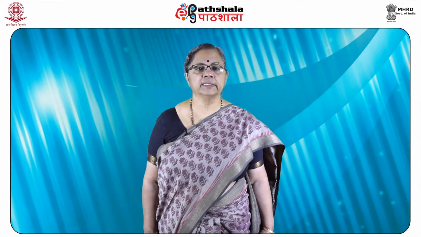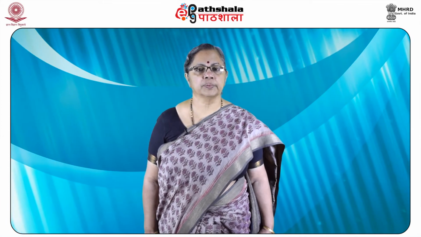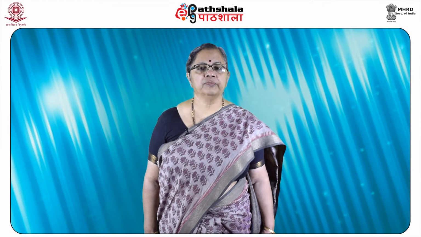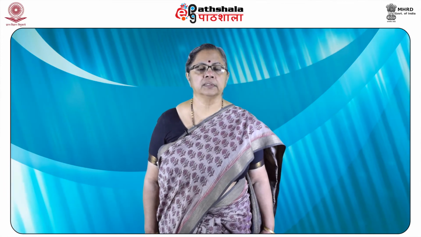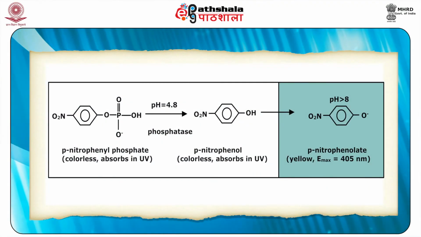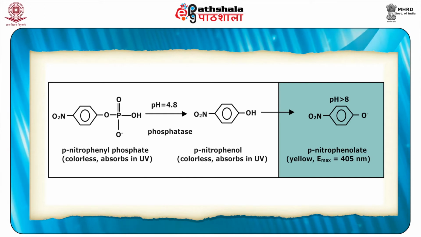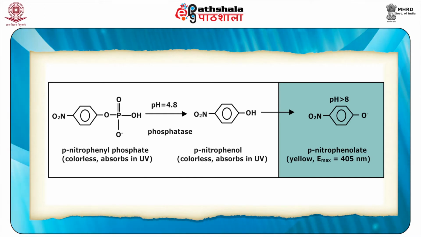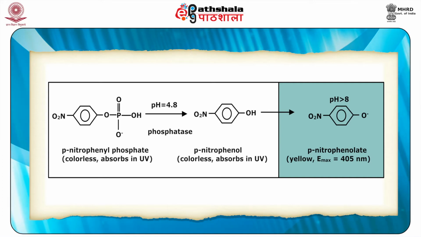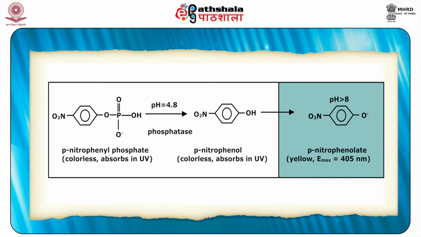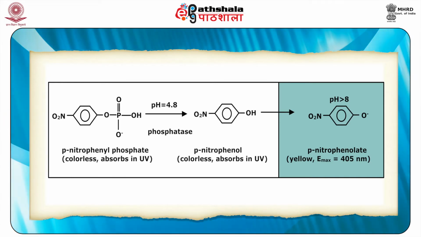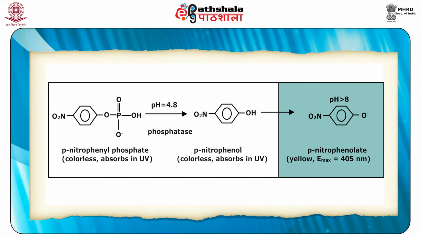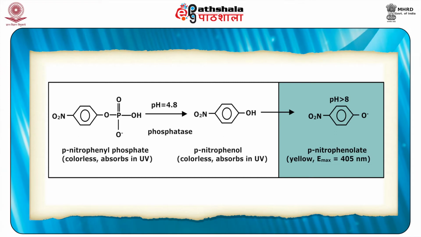The method selected to measure the product, or in some cases the substrate, would preferably be based on measuring either one in the presence of the other. For example, in the assay of the enzyme acid phosphatase, a colorless substrate, para-nitrophenol phosphate, is used, which when acted upon by the enzyme gives rise to a colored product, para-nitrophenol.